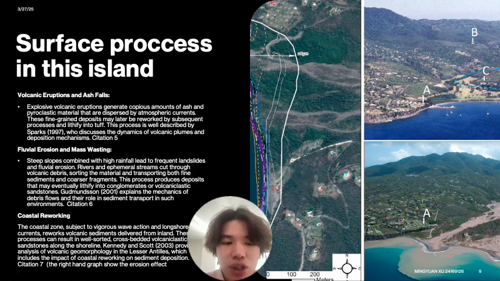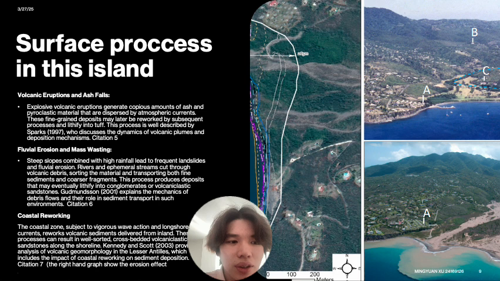Heavy tropical rains trigger lahars that transport angular volcanic clasts downslope to form breccias. And in low-energy coastal fluvial settings, steep slopes combined with high rainfall lead to frequent landslides and fluvial erosion. This process will produce deposits that may eventually lithify into conglomerate or volcaniclastic sandstones.